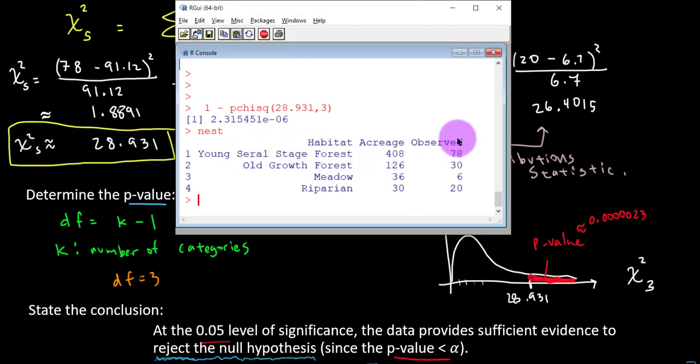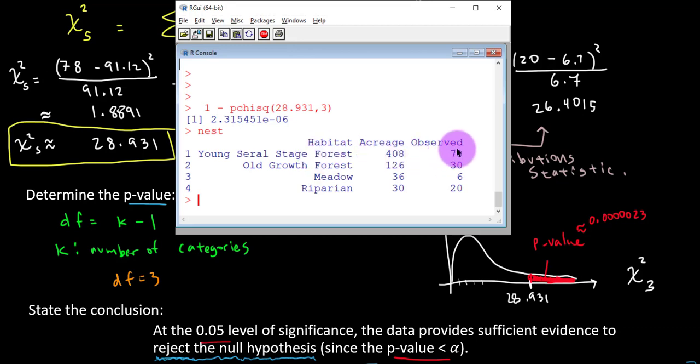I've uploaded the data in a data frame called Nest. So I've got the categories, the acreage that each of those habitats occupies, and the observed number of times that the habitat was observed for all those 134 nests.